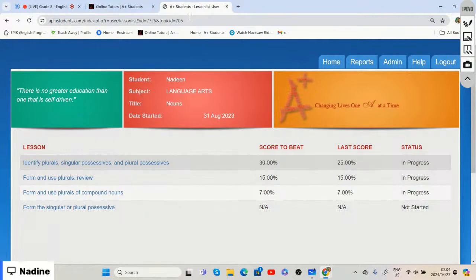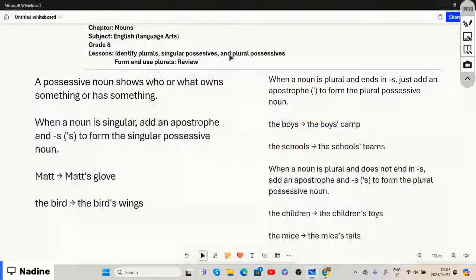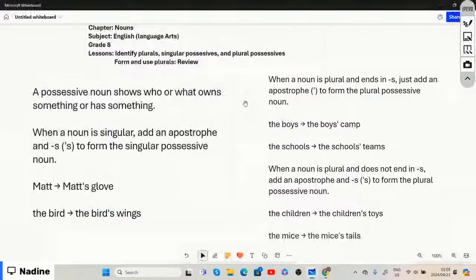All right. Our chapter is nouns. Our subject is English language arts, grade 8.